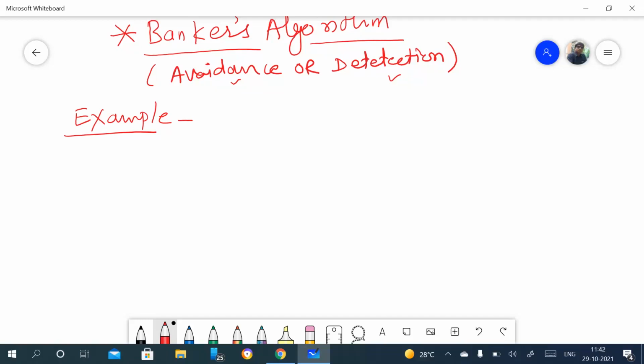See, suppose we have three resources, and the total instances for every resource are given. For R1, the total instances are 10.